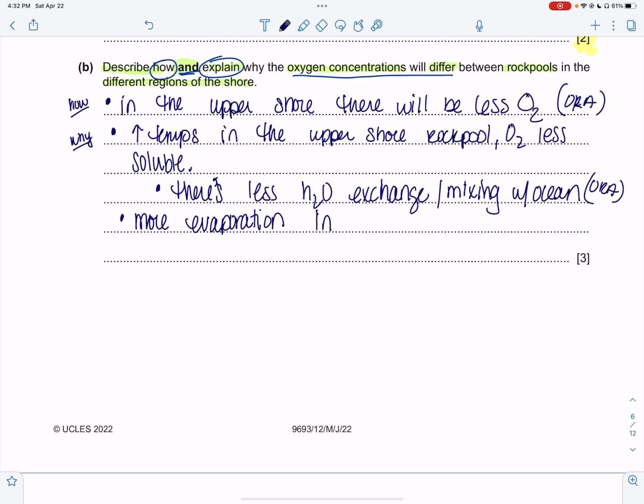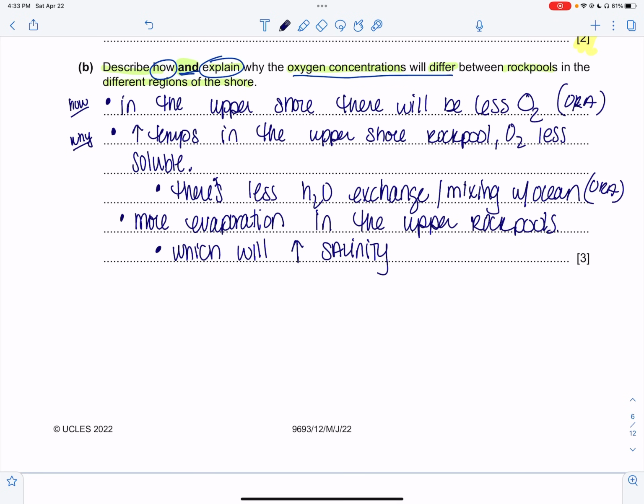More evaporation in the higher rock pools or the upper rock pools, which will increase salinity, which again decreases oxygen solubility.